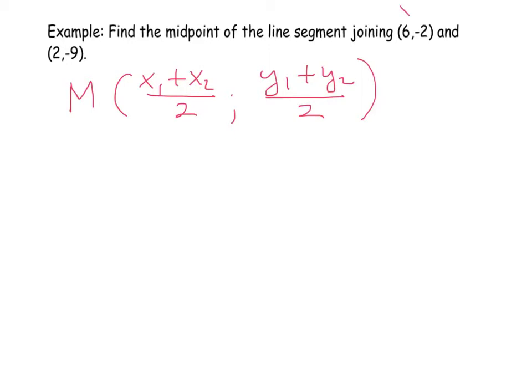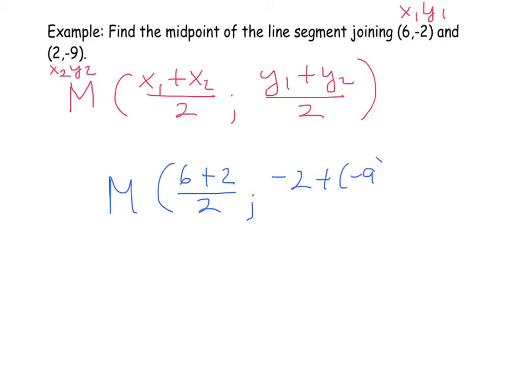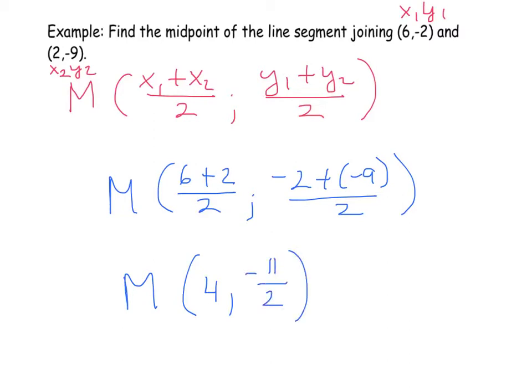So if I call this point x1, y1, and this second point x2, y2, to find the midpoint, I am going to say 6 plus 2 divided by 2 and -2 plus -9 divided by 2. And after simplifying, the midpoint is 8 divided by 2, or 4, and -11 divided by 2, or -11 halves.